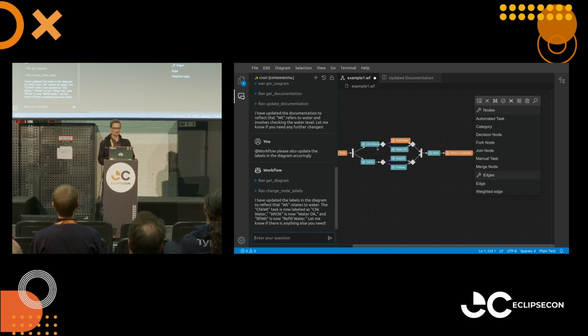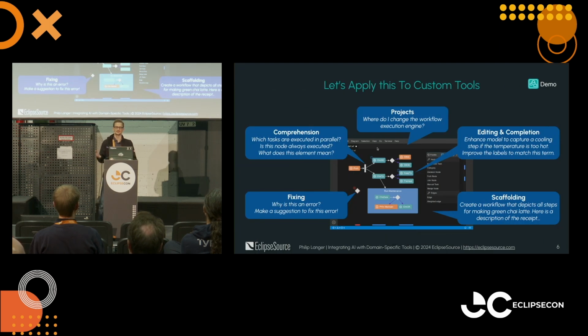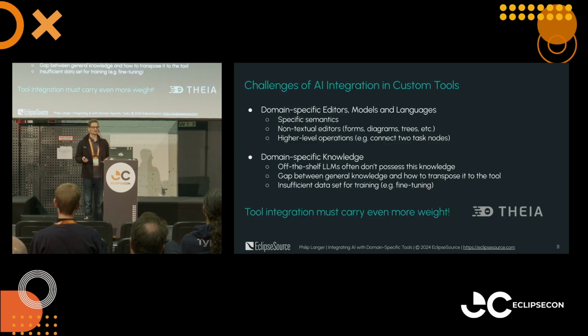So that's what we mean by AI integration into domain-specific tools. It understands the context of the tool, it understands the semantics, it can work with custom editors and the different operations that these editors provide. And this is actually the challenge of integrating AI in custom tools, because you need to deal with these specific semantics that the LLM potentially is not aware of.